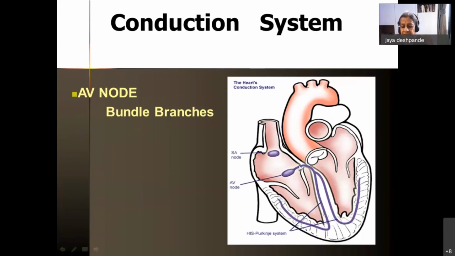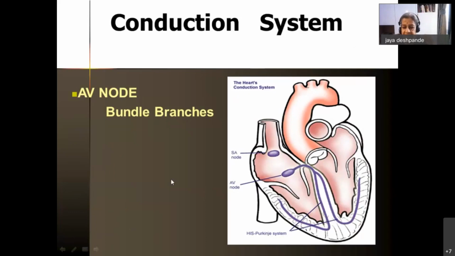So the bundle of His penetrates the central fibrous body and then comes to lie at the crest of the muscular interventricular septum, traversing partly through the membranous septum. Once it comes to the crest of the interventricular septum, it divides into the right bundle and then into the left bundle. And therefore, it is very closely related to the membranous septum.